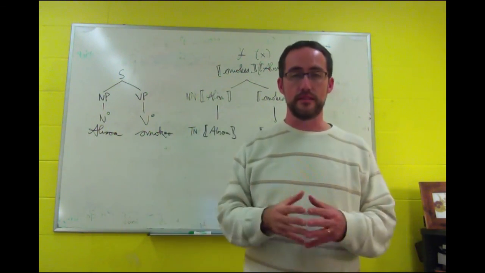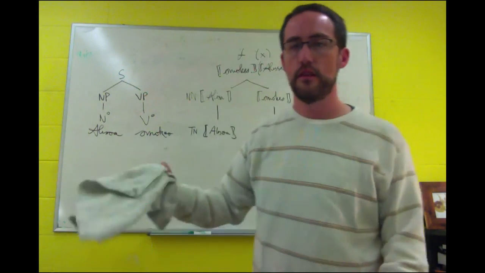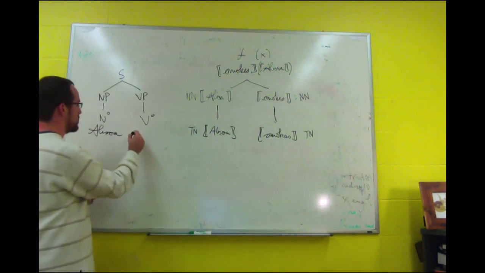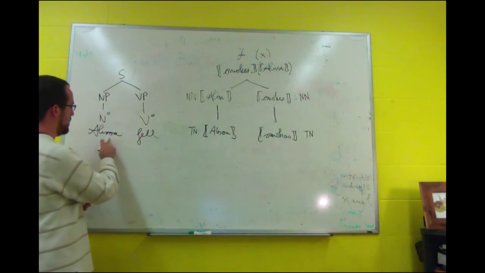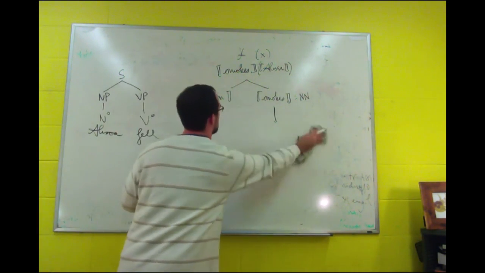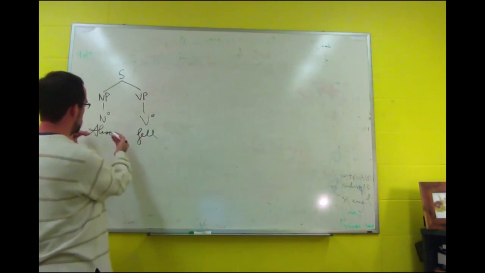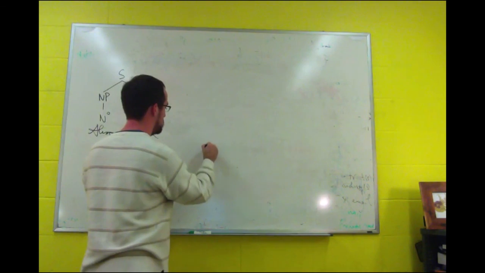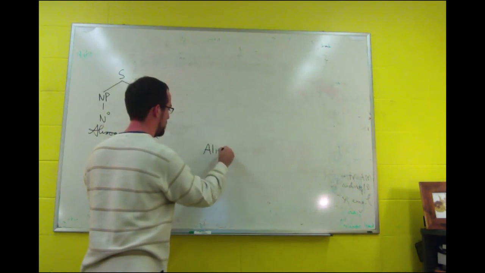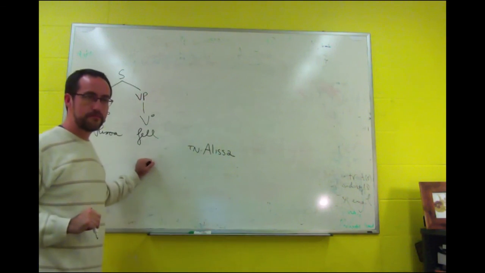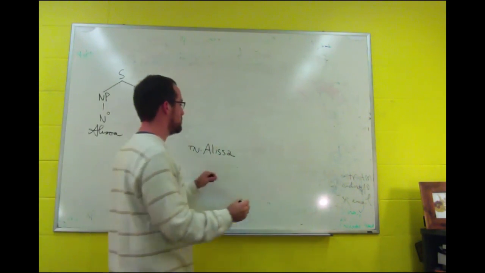And so we can try some more sentences. All right, we'll try this one. Alyssa fell. And this one's going to have the same structure here. We have fell and Alyssa. So, based on the terminal nodes rule, we have Alyssa here.